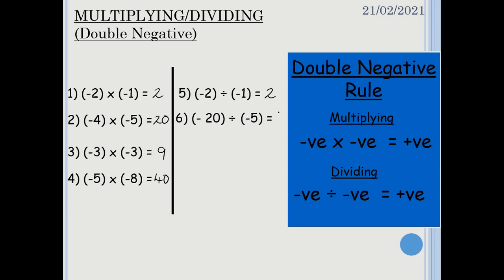So I've got positive 4. Negative 9 divided by negative 3 is going to give me positive 3. And finishes off with negative 40 divided by negative 8. So I've got two negative numbers. My answer is going to be positive 5.